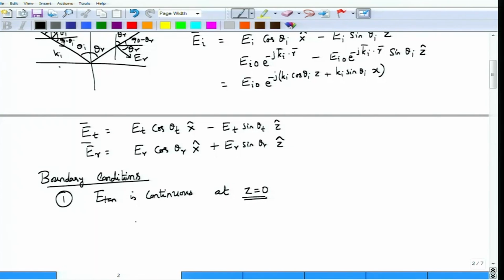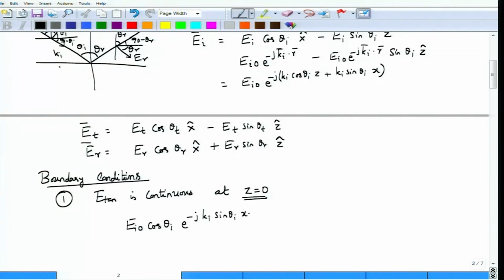For the incident wave, the total electric field in the region 1 is incident plus reflected. So the incident wave itself is given by Ei0 cos theta I, and e power minus j ki sin theta I x.